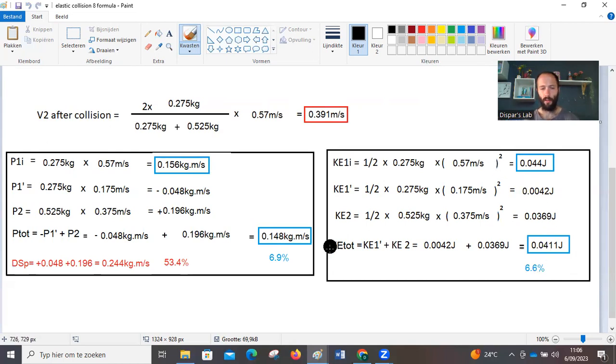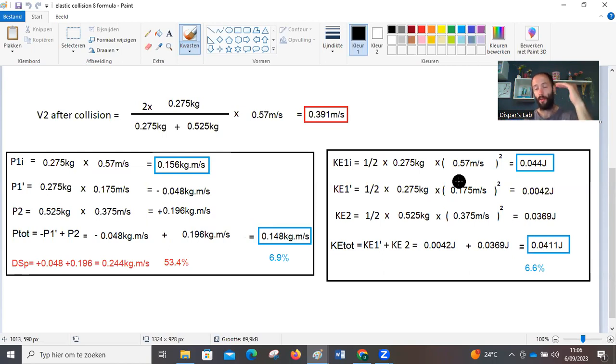So for conventional physics, this is the total energy in a system, the kinetic energy. That should always be conserved. Well, theoretically, but it is absolutely normal within an experiment that after the collision, there's always going to be some loss of kinetic energy due to sound, heat, vibration, etc. There's always going to be a little bit of loss.